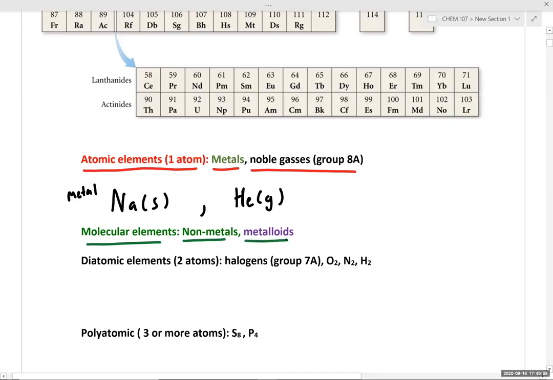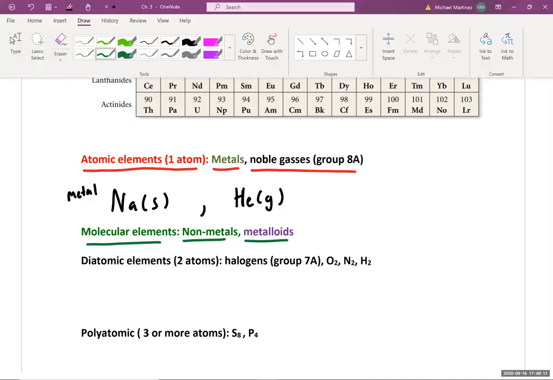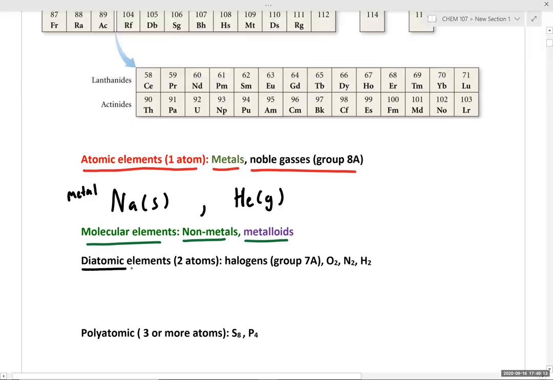And molecular elements can be broken into two categories. Our diatomic elements, which consist of two atoms, which are primarily our halogens, oxygen, nitrogen, and hydrogen. So for example, hydrogen in its elemental form exists as H2 gas.